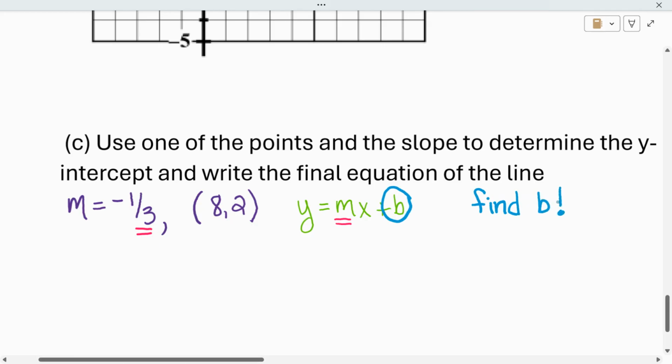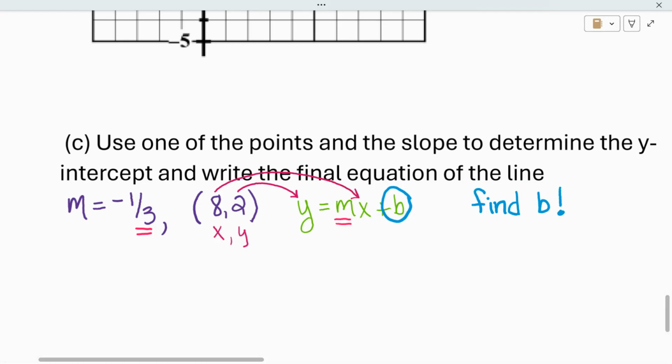That's our goal. But our ordered pair tells us something very special. What does your ordered pair give you? What is your ordered pair made of? Your ordered pair is made of an x and a y. So we can take the y coordinate and plug that in for y, and we can take the x coordinate and plug that in for x.